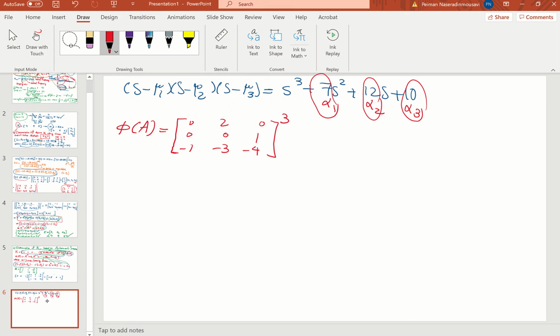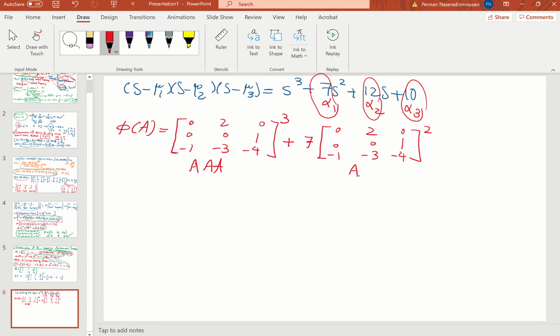You know this is a matrix, so we cannot do it element by element. You have to calculate A times A times A. Plus alpha 1, which is 7, times A squared.